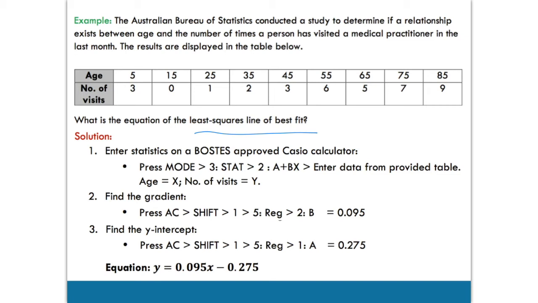So I highly recommend you pause the video right now, read the solution for this question, and practice doing it yourself on your own calculator. That way you've got some practice behind you and you can apply it to different questions. So now we have our equation: y equals 0.095x minus 0.275. So we've got the equation of our line.